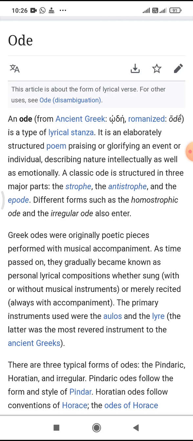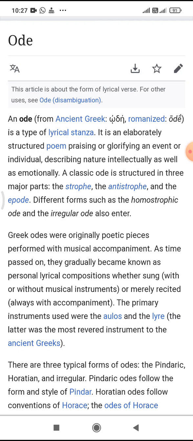Greek odes were originally poetic pieces performed with musical accompaniment. As time passed on, they gradually became known as personal lyrical compositions, whether sung with or without musical instruments, or merely recited.